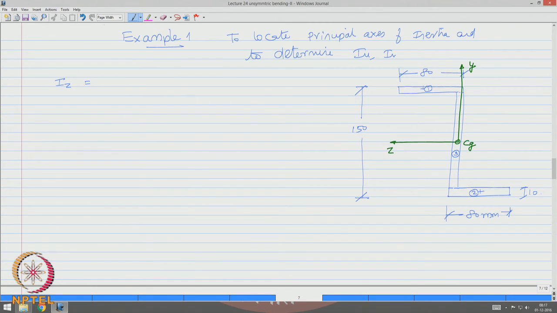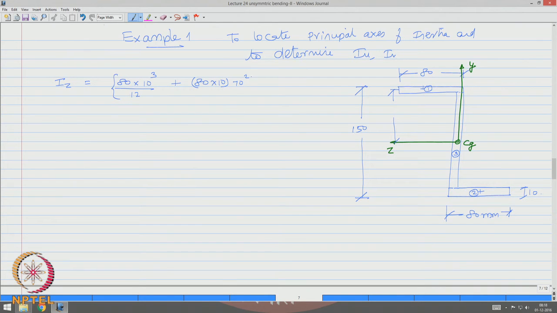So, Iz for member 1 is 80 into 10 cube by 12 plus area into k square. So, this distance is what we are interested in, which will be 75 minus 5, which is 70 square.